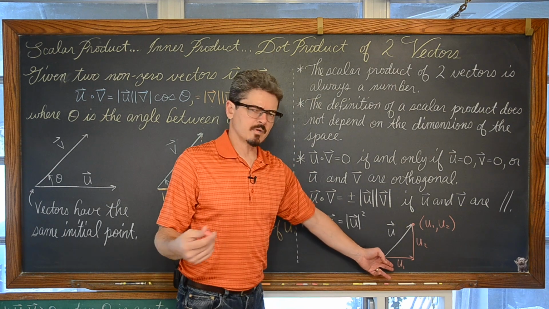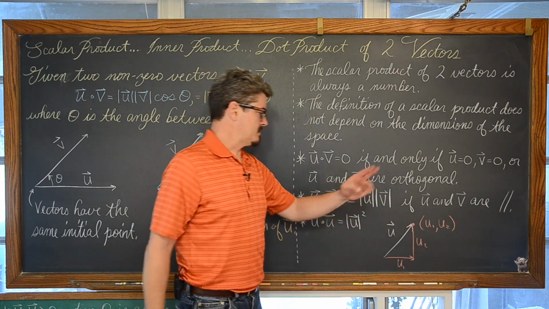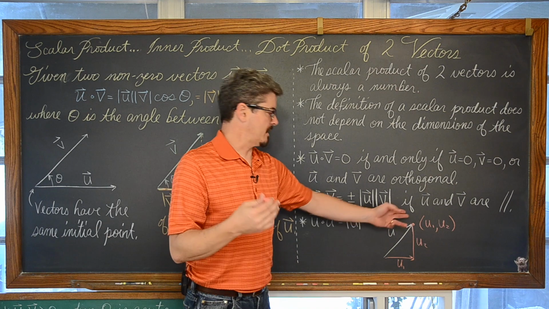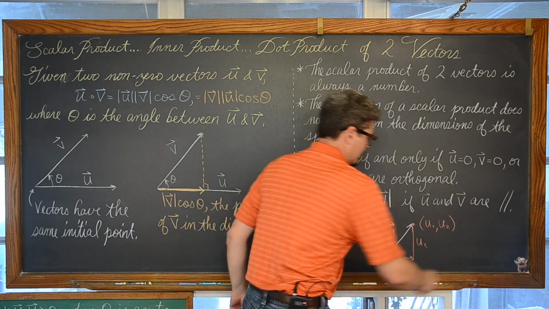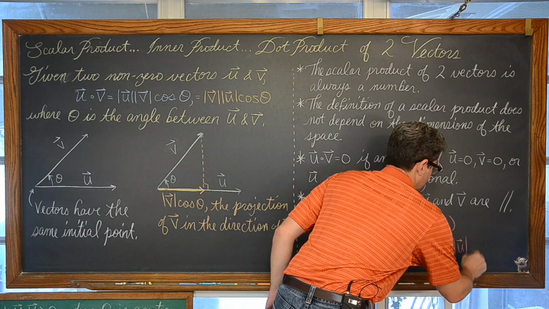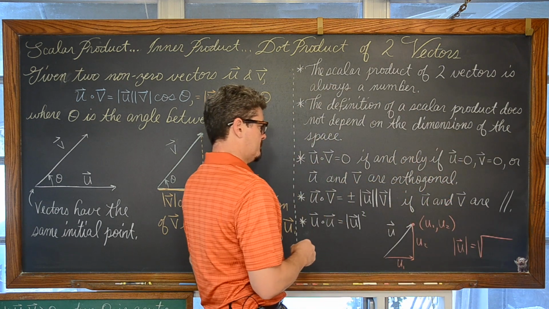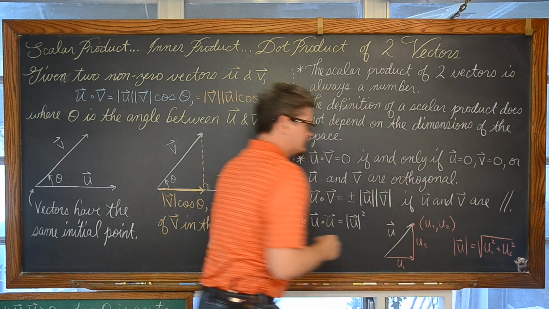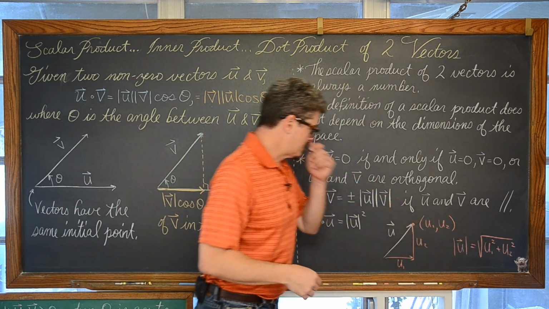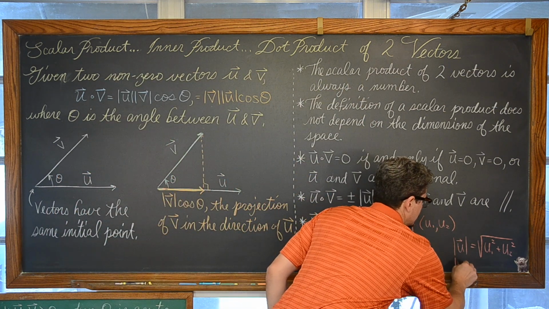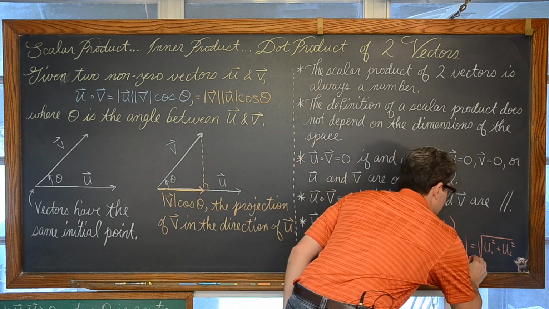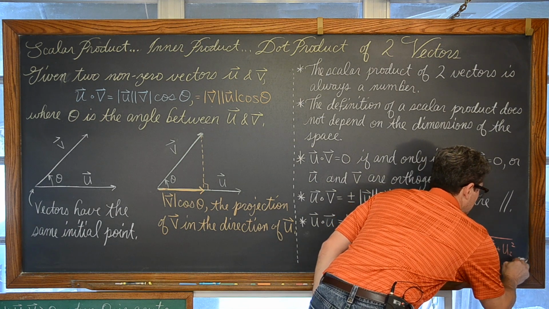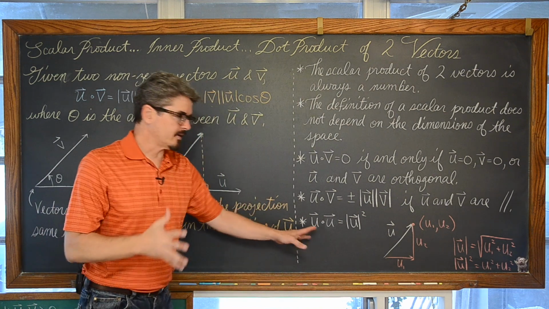Just think that u sub 1 squared plus u sub 2 squared is equal to this length squared, or you can think of the magnitude of vector u is equal to the square root of u sub 1 squared plus u sub 2 squared, and then square both sides and get the magnitude of vector u squared is equal to u sub 1 squared plus u sub 2 squared.